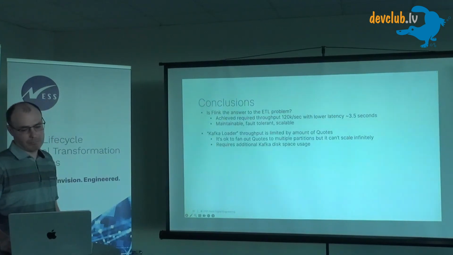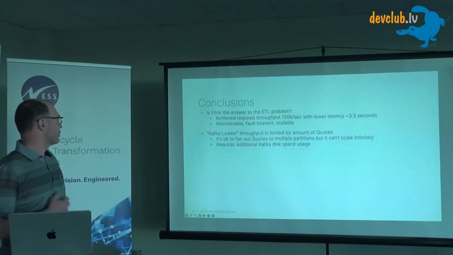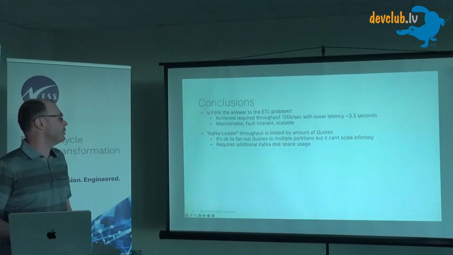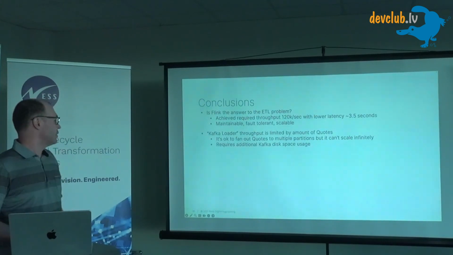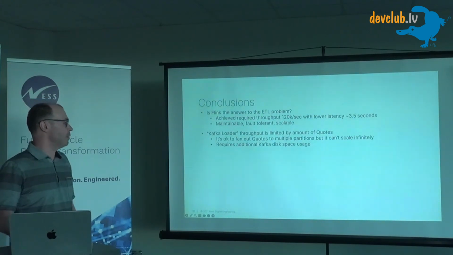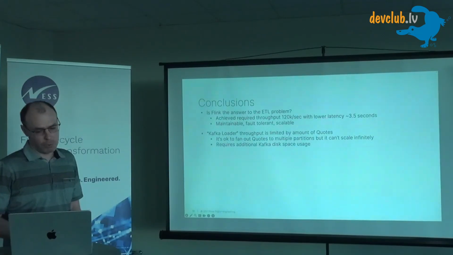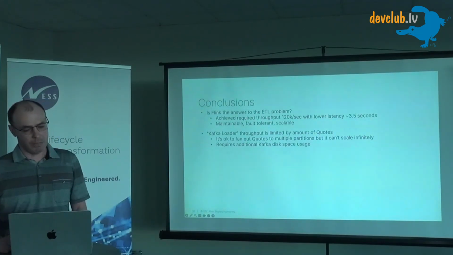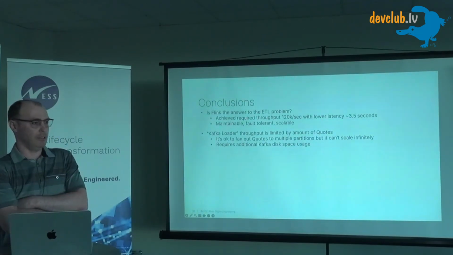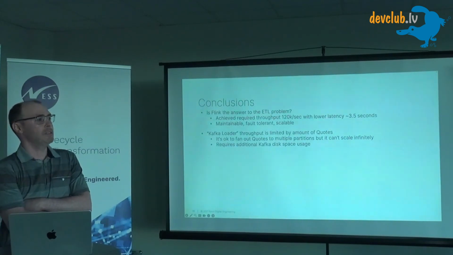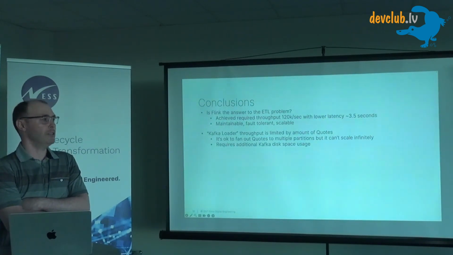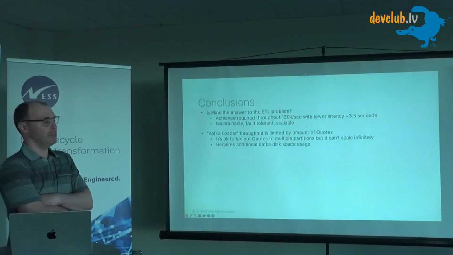Let's talk about some disadvantages, what we should take into account. Kafka loader throughput is limited by the amount of quotes. It's okay to fan out quotes to multiple partitions, but it can't scale infinitely. Let's say with 32 partitions, we can have 200k messages per second.